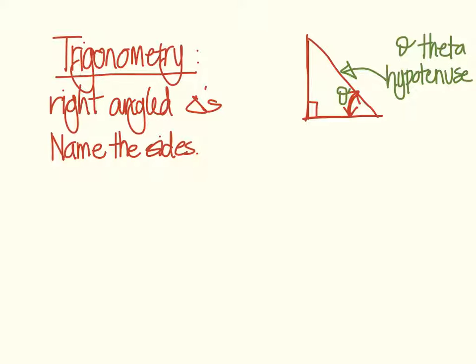We know that this side here, right next to theta, is called the adjacent side, and it is next to the angle.